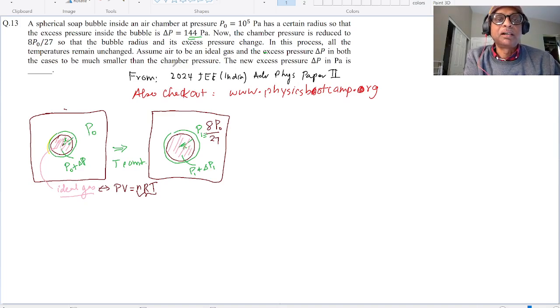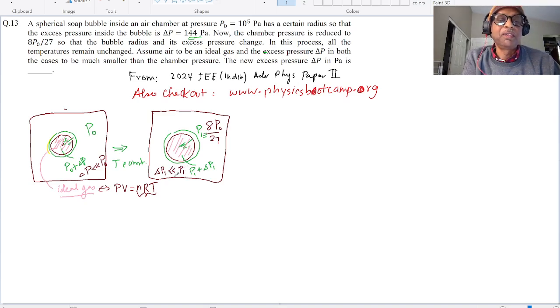Okay. And another thing we have to assume is that delta P is much less than P0. Delta P1 is much less than P1. So this is another condition.